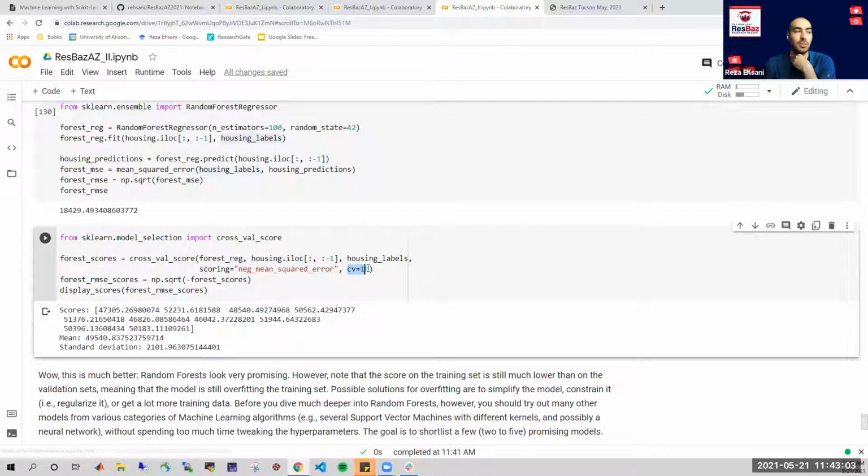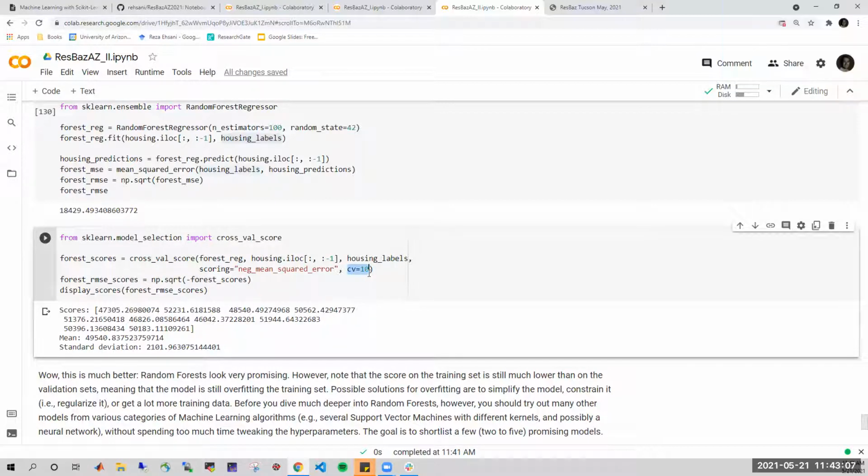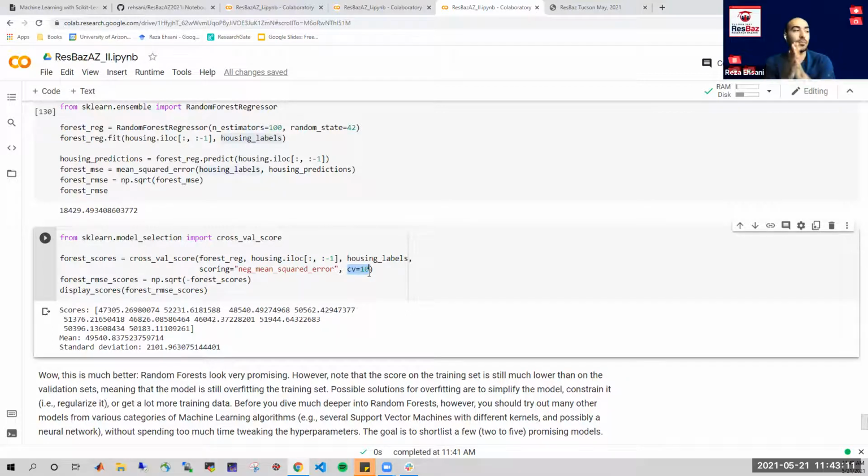So here I'm using CV equal to 10. That is to divide the training set into 10 equal subsets. At each time step and each trial of the model, it uses 9 of those sets for training the model and calculates the score on the remaining one, and continues this process until it has seen all the training instances, and then calculates the average score over the validation set.